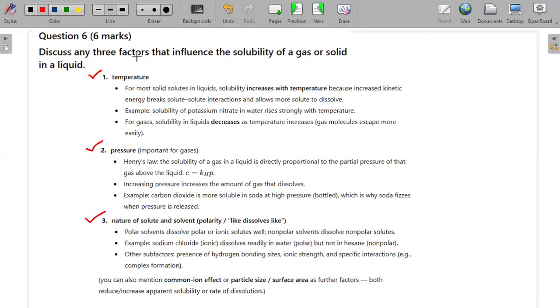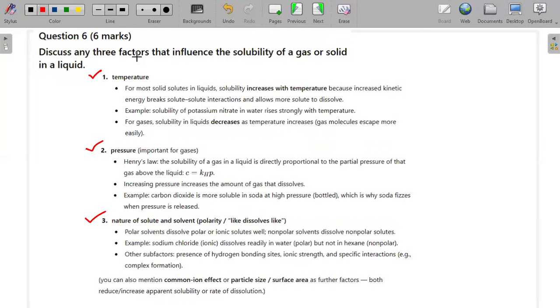For example, the solubility of potassium nitrate in water increases strongly with temperature. If we're at a very low temperature, the solubility will just be normal. But as you increase the temperature of the solvent, which is water, you're going to see that the solubility of that potassium nitrate is going to increase rapidly. That's for the temperature.